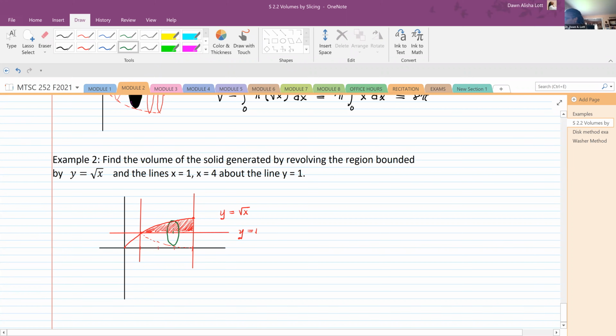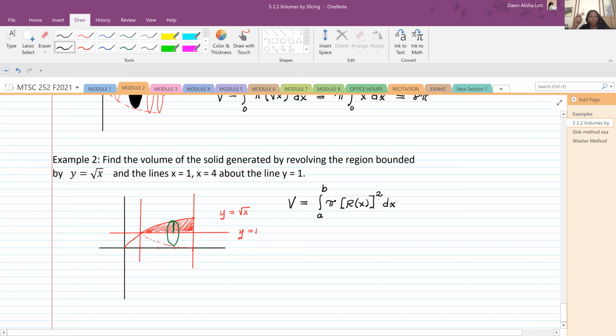And this is the radius of my circle. Now this one's a little tricky. I still see my circle, so I still know I'm using the disk method, where the volume is equal to the integral from a to b of pi times the radius squared.